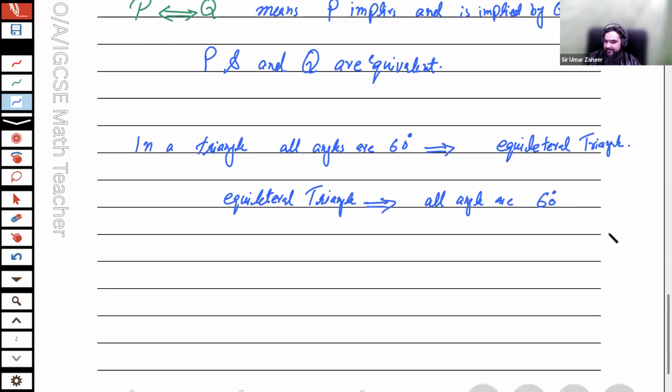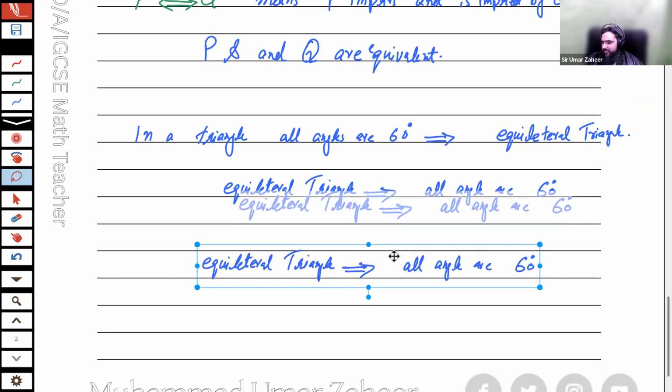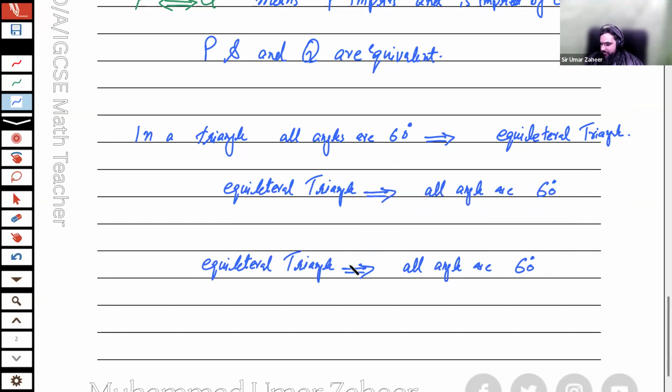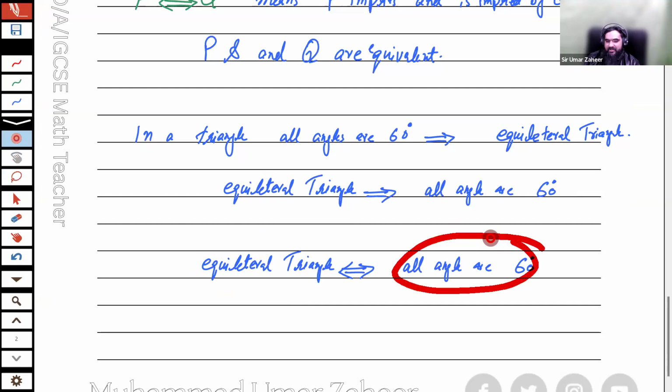So this means that if all the angles are 60-degree, it is an equilateral triangle, so we can make the double arrow. If you have an equilateral triangle, it means it has 60-degree angles. If you have 60-degree angles in the triangle, it means that this triangle must be the equilateral triangle.